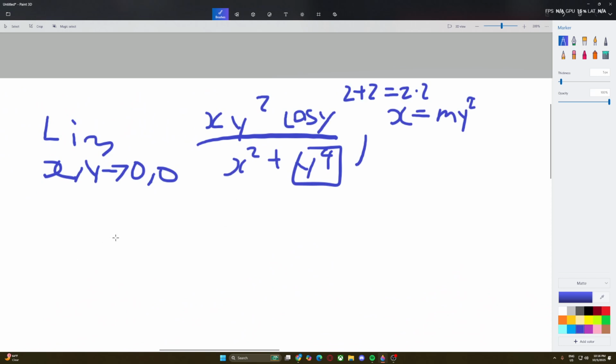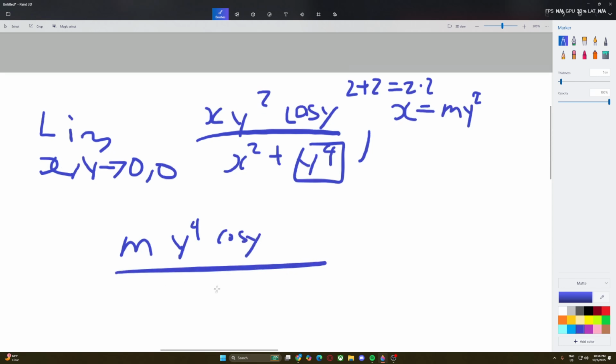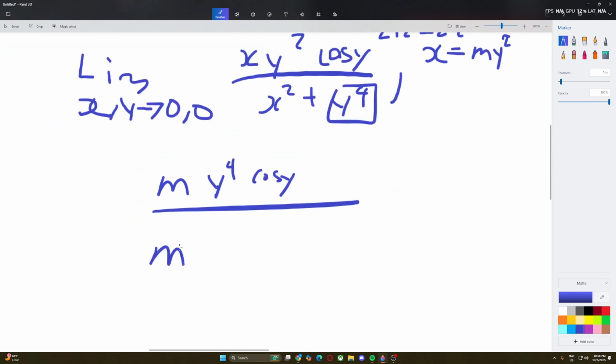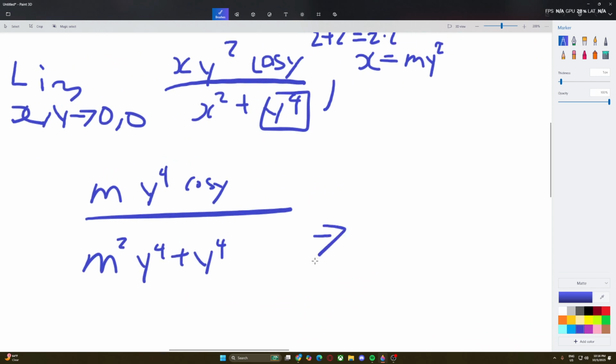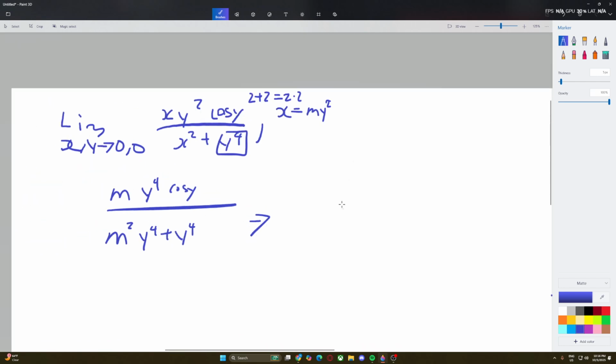So you can write x equals my squared. What that does is, we keep the cosine y, and we get m times y to the 4th cosine y over m squared times y to the 4th plus y to the 4th. Look how simple it now is. You can cancel out the y to the fourth, and you just get m over m squared plus 1 times cosine y, in the limit as y approaches 0.